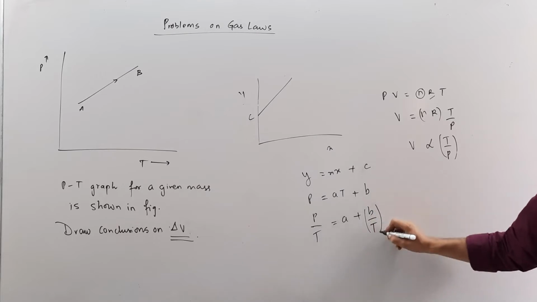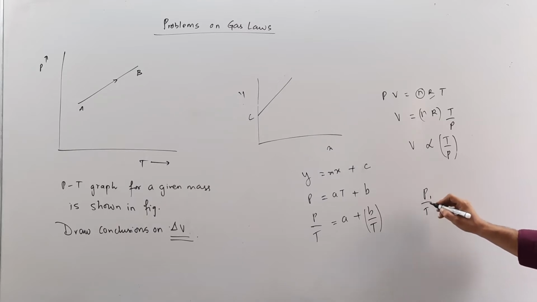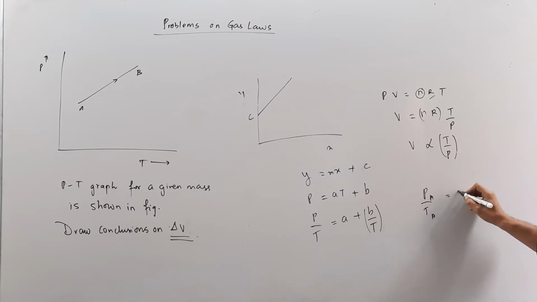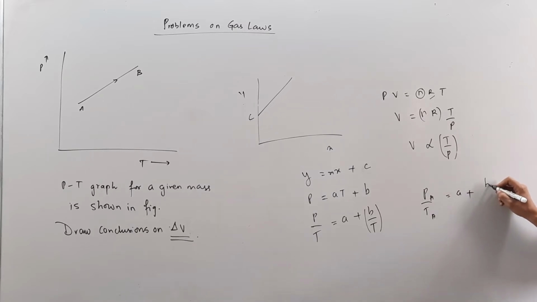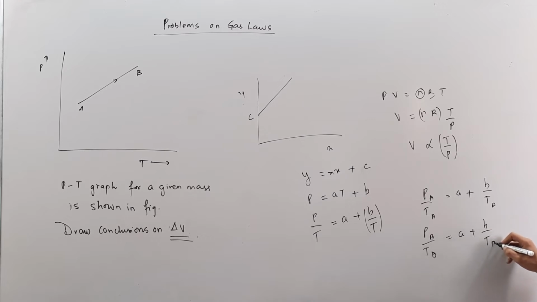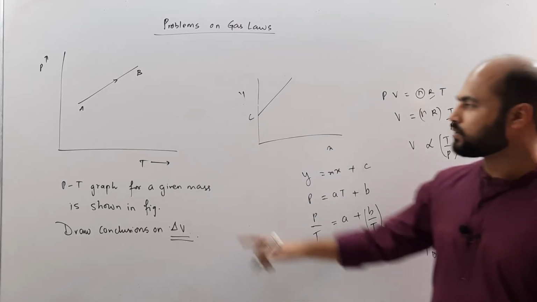Let's say at one point A we have PA by TA equals A plus B by TA, and at point B we can write PB by TB equals A plus B by TB. Definitely we can say that this quantity will be more than this quantity, because certainly here the temperature will be higher.